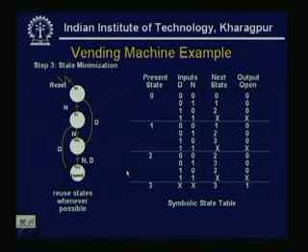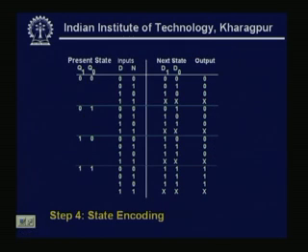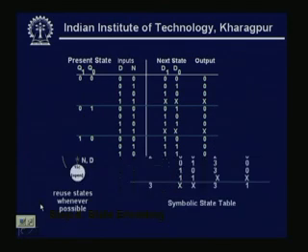Now, first we see the state table. First are the present states. So, present states can be S0, S1, S2, S3.